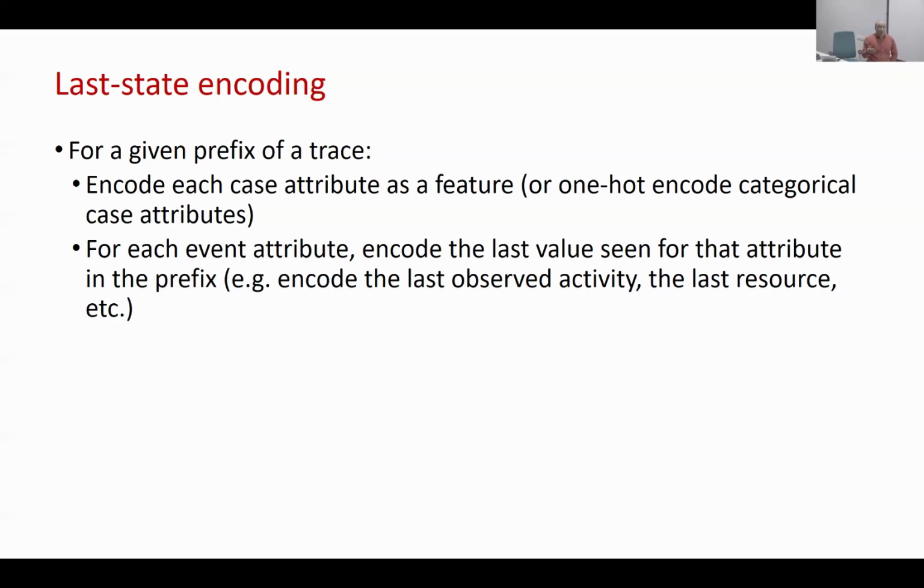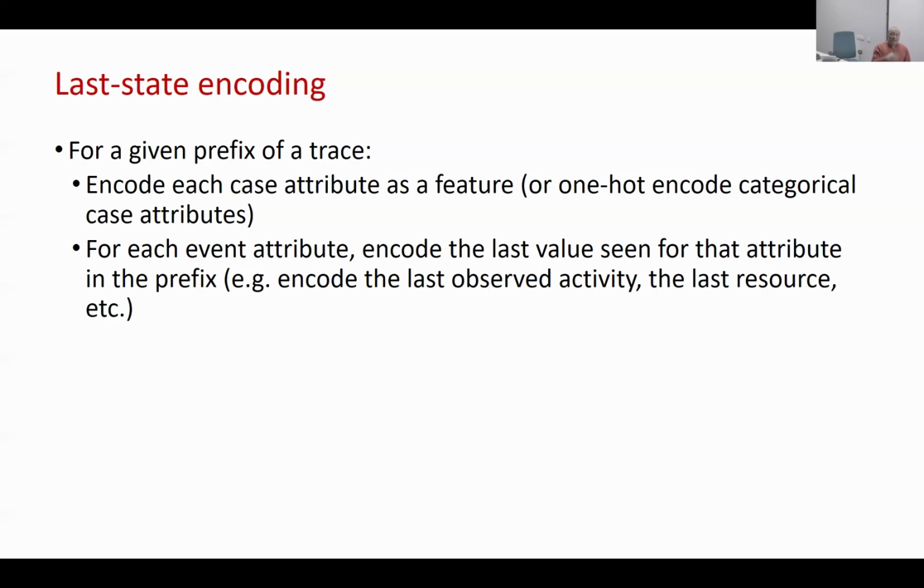Like, for example, the loan amount at the beginning, it might take like 2,000 because that's what the customer wants their loan for. But later, after talking to the credit officer, the customer says, okay, let's make the credit limit 1,500 instead of 2,000. And then maybe later they negotiate that, no, it will be 1,800. So there is a sequence of numbers in there because at different points in the execution of my process, I have different values for the credit limit.